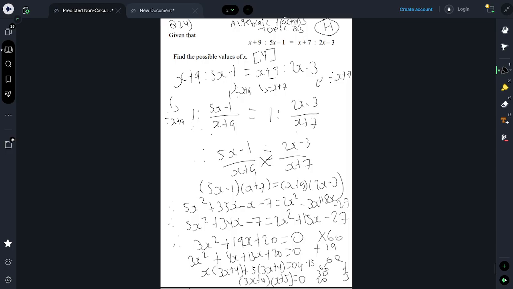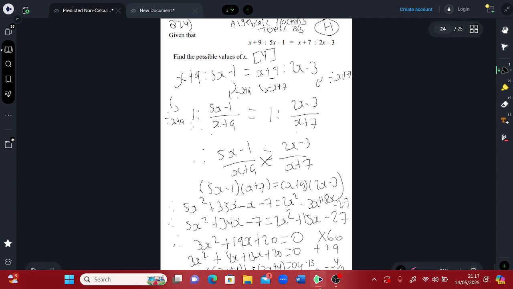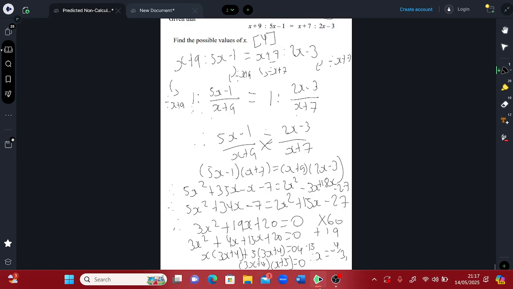I'm going to get rid of this bit now. That's just the factors of 60 to consider. Well, 3x plus 4 equals 0, so x is minus 4 over 3. Or x is, what have I done here?